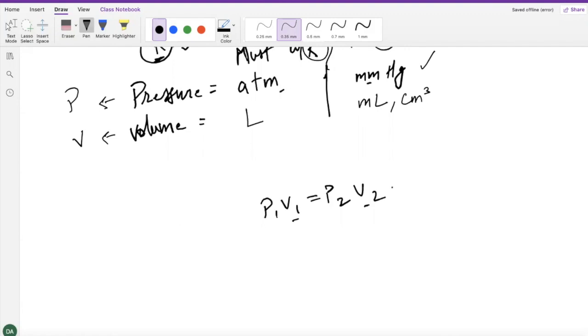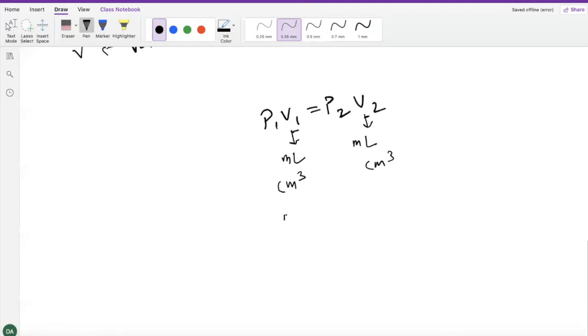Because does this equation have R or no R? No R. So when this equation does not have R, it gives us flexibility. Since this is volume 1 and this is volume 2, if both are milliliters, very good. If both are centimeters cubed, very good. But if one is milliliters and the other is liters, is that okay? No. Then you have to change one of them, depending on what the question is saying.